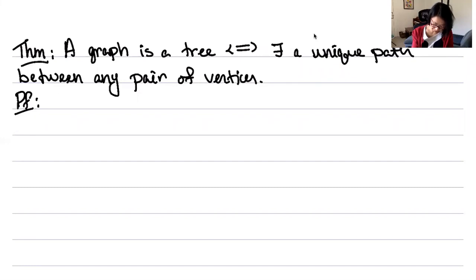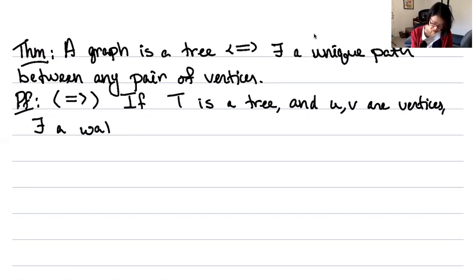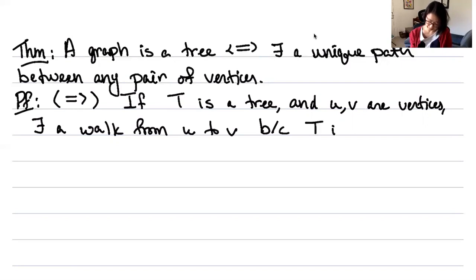For the first direction, since a graph is a tree, so if T is a tree, and U and V are vertices, there exists a walk from U to V, because that's the definition of a graph being connected, because T is connected.